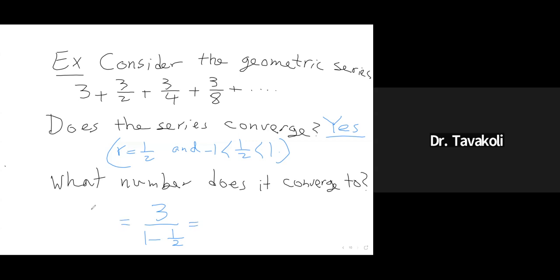So again, as a reminder, A, the first term, over 1 minus the common ratio: 3 over 1 minus 1/2. 1 minus 1/2 is 1/2, and 3 divided by 1/2 equals 6. So the answer is 6.